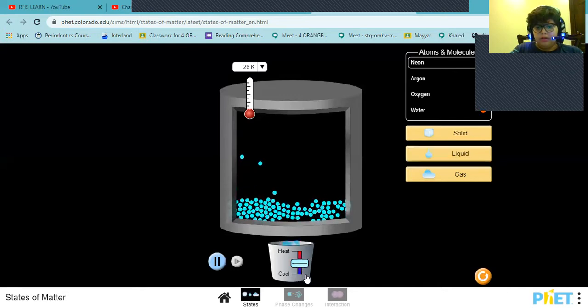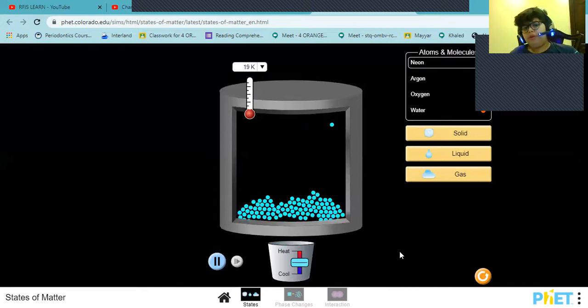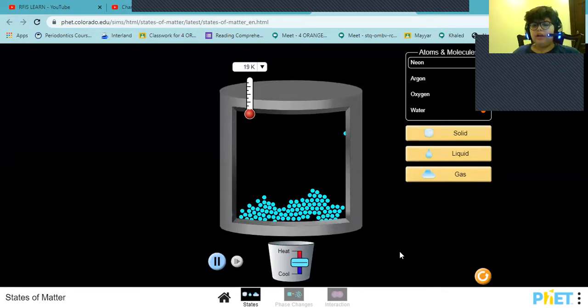The space between the particles is greater than in solids, and the attraction force between the particles is weaker than in solids. They move in every direction, and they have a definite volume but no definite shape.